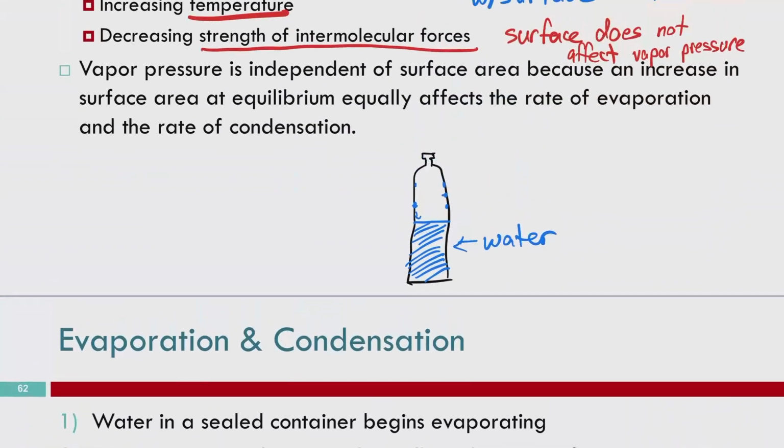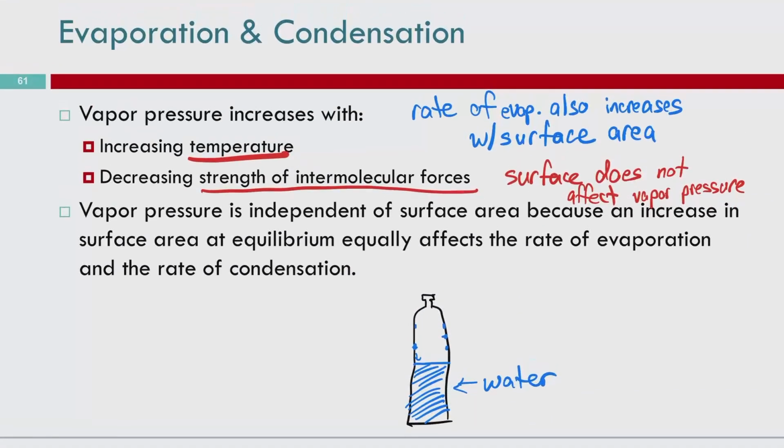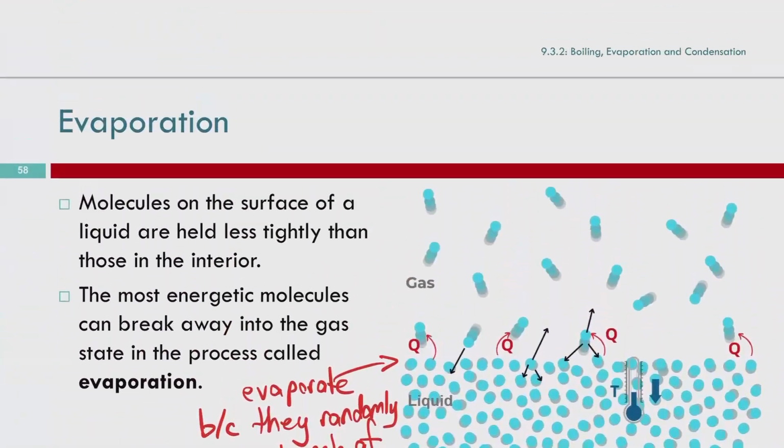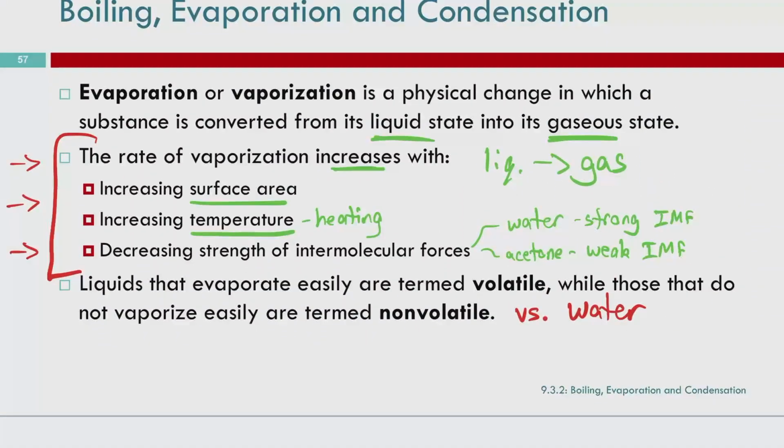All right, and then more practical applications of what we're learning. Because we learned eat your ice cream, which is a practical application. Another practical application, I'm going to go back a little bit here. Rate of evaporation, rate of vaporization increases with increasing surface area and increasing temperature.